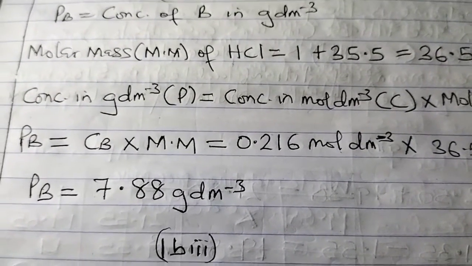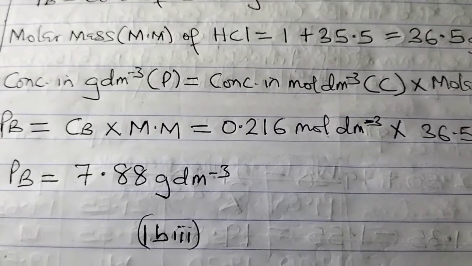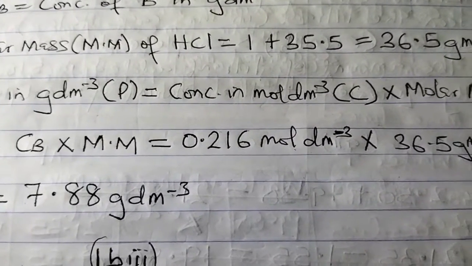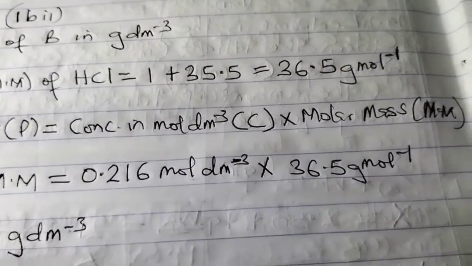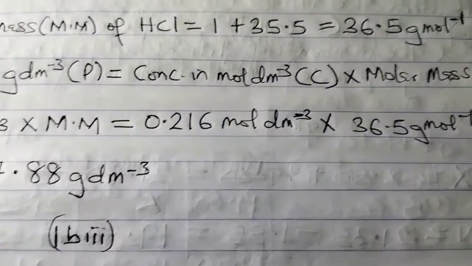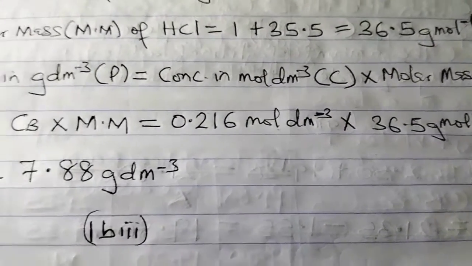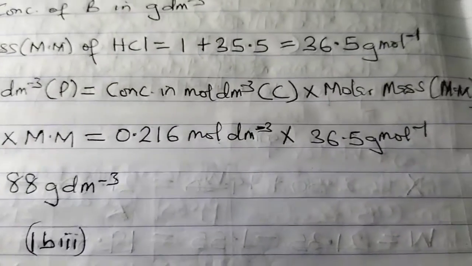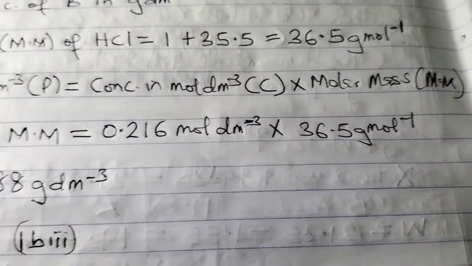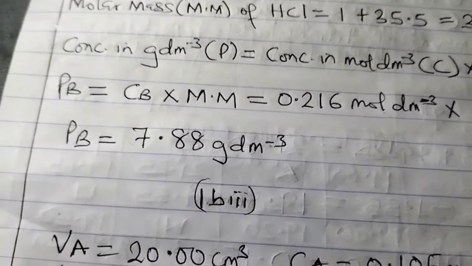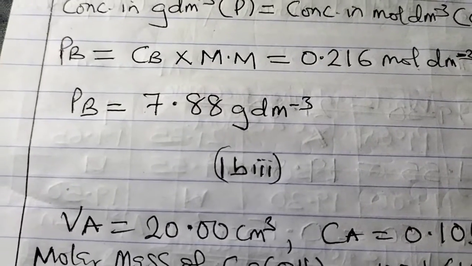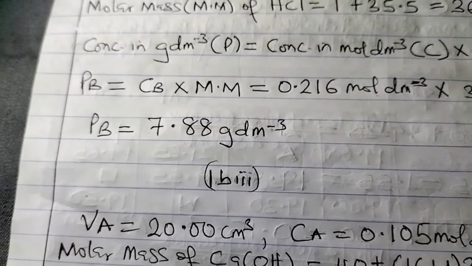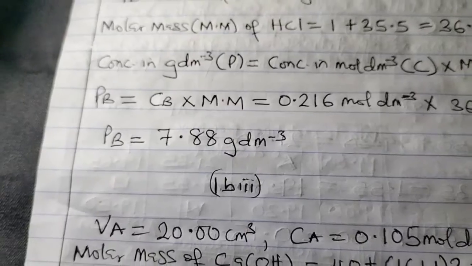The value of CB was obtained in equation 1bi as 0.216, and the molecular mass of HCl is 36.5, which we saw before. When we apply these values, mole cancels mole, remaining gram per dm cube. We now have 7.88 gram per dm cube as our answer to question 1bii.